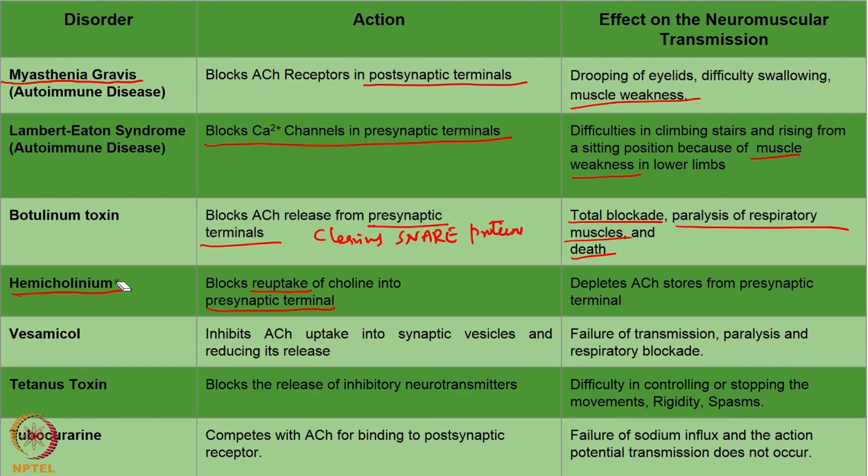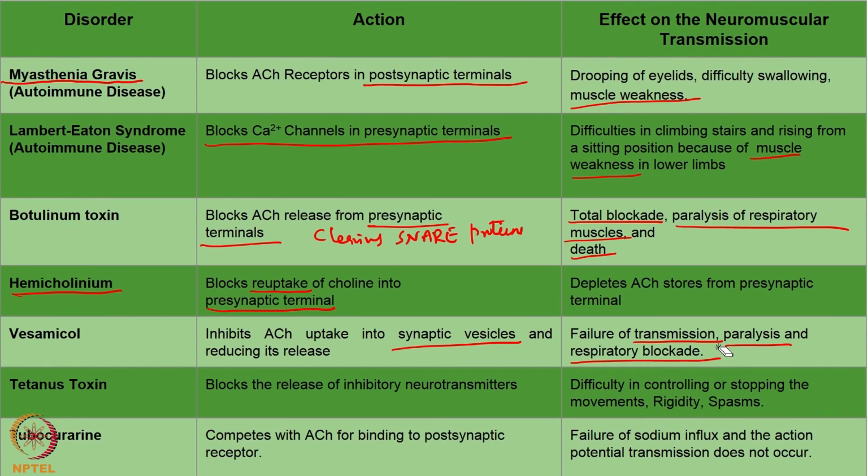Vesamicol inhibits acetylcholine uptake into synaptic vesicles. Basically it blocks packaging of acetylcholine into the vesicles, thus reducing the possibility of its release. Essentially this leads to a failure of neurotransmission, paralysis, and when it reaches the respiratory system, respiratory blockade.